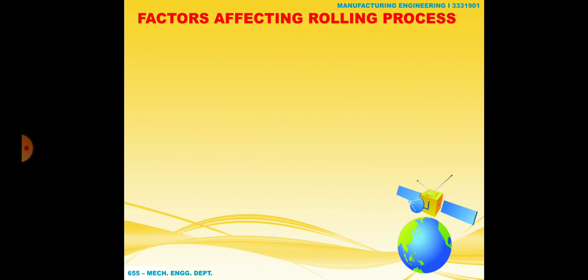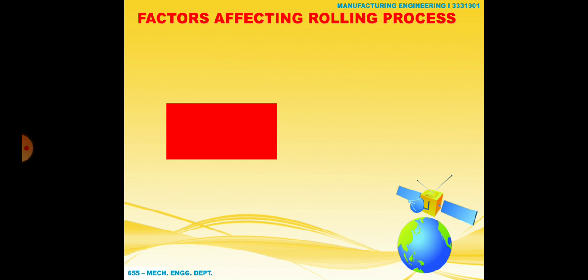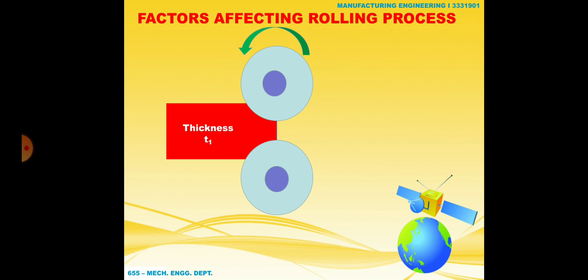Now the factors affecting the rolling process. Start with a metal workpiece having a thickness of T1. It is passed through two rollers rotating in opposite directions. So what will be its effect? It reduces the thickness, and the next level thickness is T2.